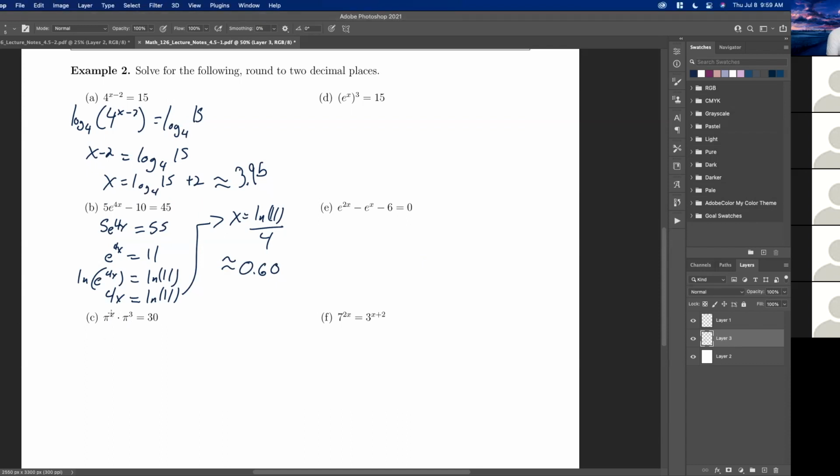So option one, so here we have the exponent, and this pi cubed is a number, right? So let me see if I can show you the two options. Option one is just to take pi cubed over, so pi to the x is equal to 30 divided by pi cubed.